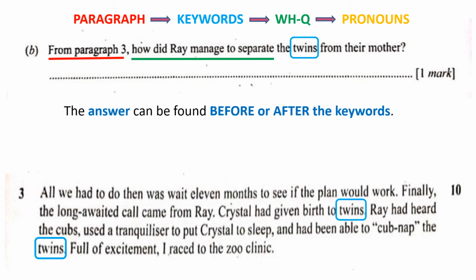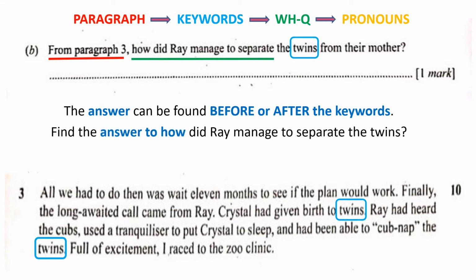Remember, the answer can be found before or after the keywords. The answer to how, bagaimana: when it is bagaimana, the answer must be in verb form, mesti dalam bentuk kata kerja, verb.